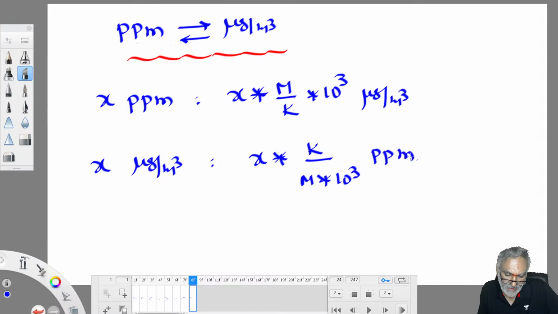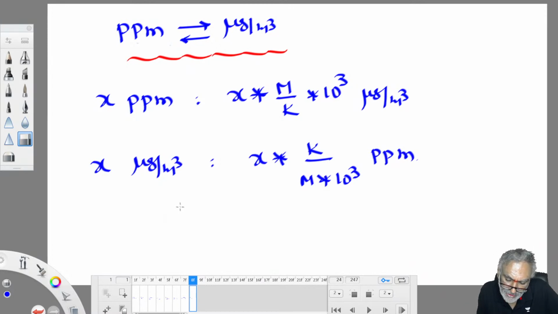X could be anything: carbon monoxide, sulfur dioxide, nitrogen oxide, any gaseous air contaminant.